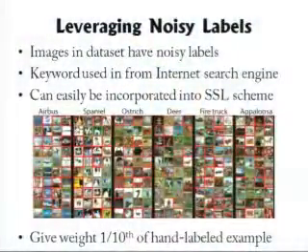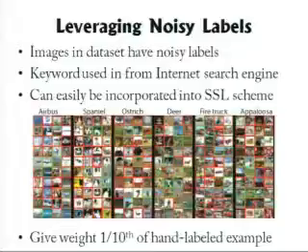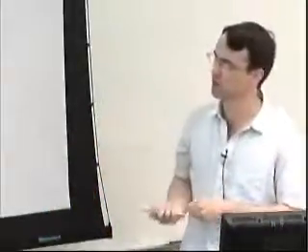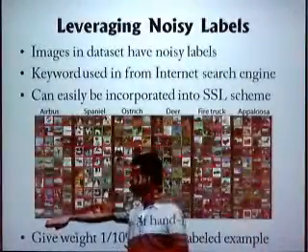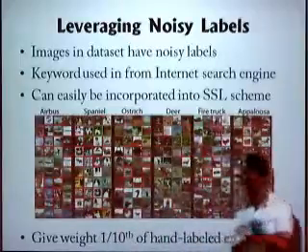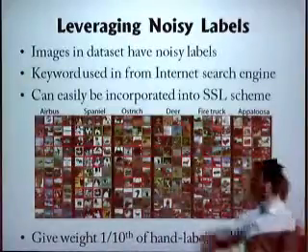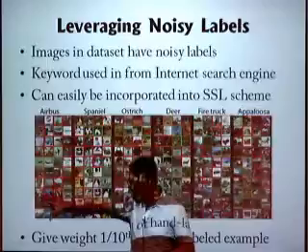Now, one nice feature about this is, as I was saying at the very beginning, you have noisy examples in real data, and you might want to use these in your scheme. In semi-supervised learning, it's pretty straightforward. What we can do is just take all the images belonging to a given keyword and label them as being positive, even though in practice many of them will be incorrect.